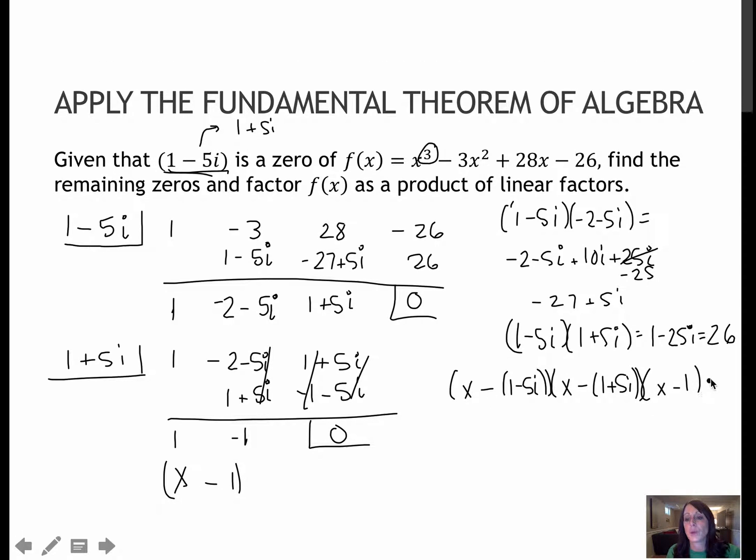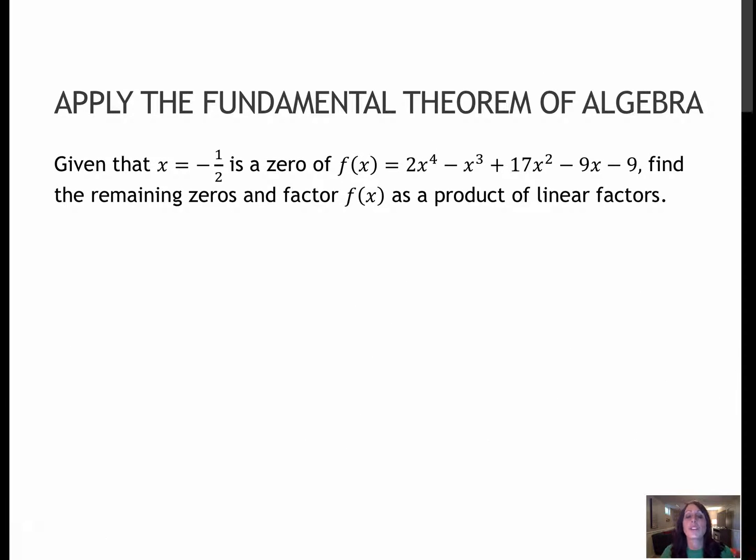That's factored form. My zeros would be 1 minus 5i, 1 plus 5i, and then when I set x minus 1 equal to 0, I get positive 1. So those are my zeros.